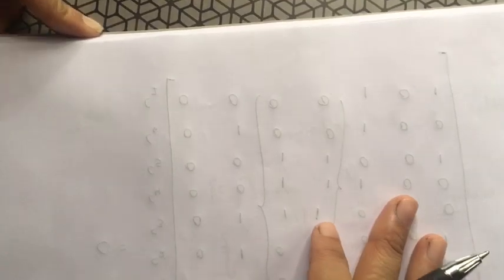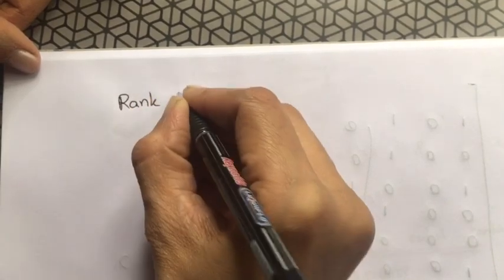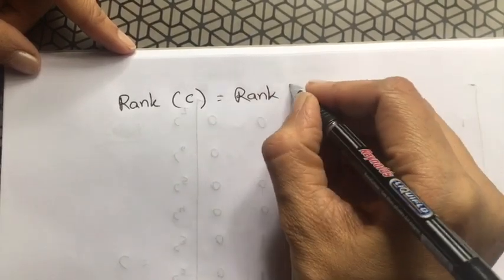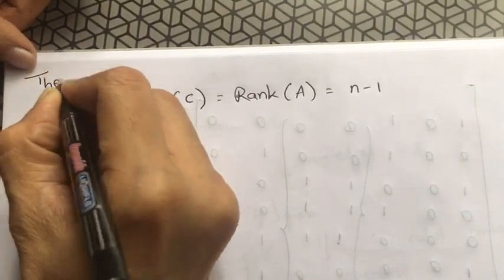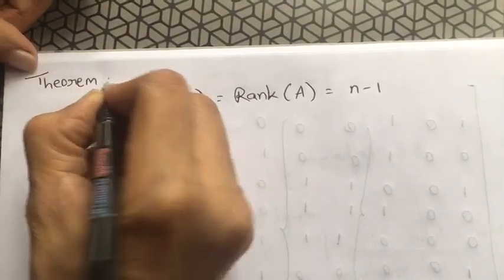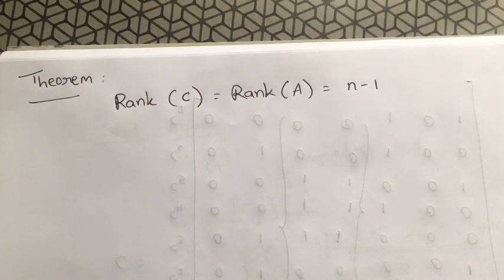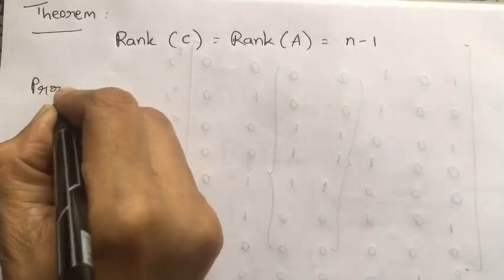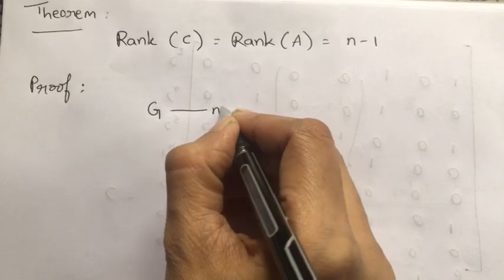Now what happens to the rank of a cutset matrix? The theorem says the rank of the cutset matrix C is the same as the rank of the incidence matrix A, which is n minus 1. Suppose my graph G is non-separable, meaning it is a connected graph.